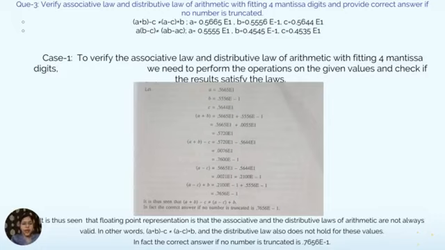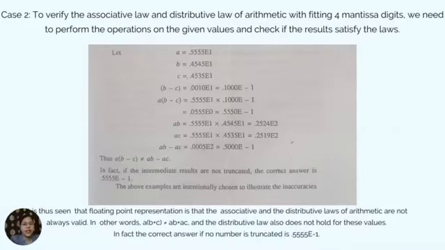It is thus seen that in floating point representation the associative and the distributive laws of arithmetic are not always valid. Case 2. To verify the associative law and distributive law of arithmetic with floating-point mantissa digits, we need to perform the operation on the given values and check if the result satisfies the law.